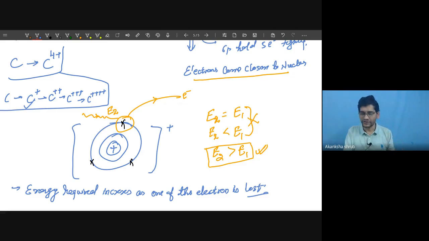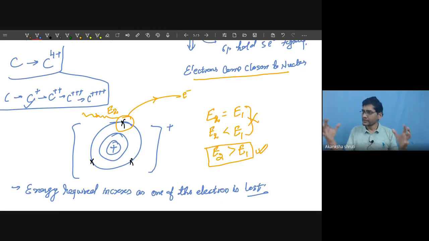Those terms I do not want to use here, and though it is in your book, they have also not used them. They have only used the statement whatever I have written: the force of attraction increases, so it cannot be held, in layman's language or applying simple terminology. Neither gaining 4 electrons nor losing 4 electrons is possible.